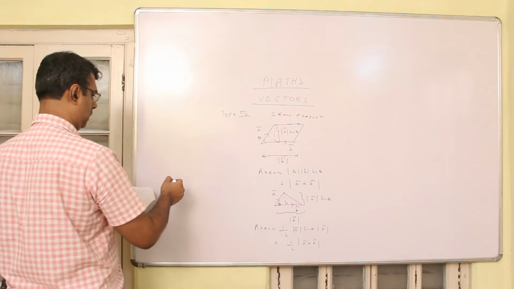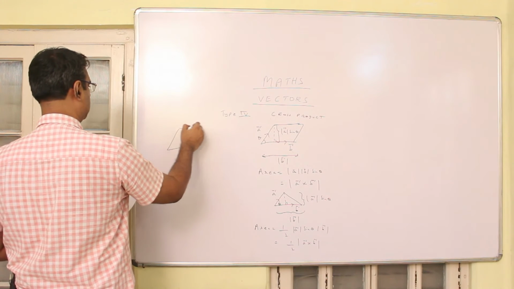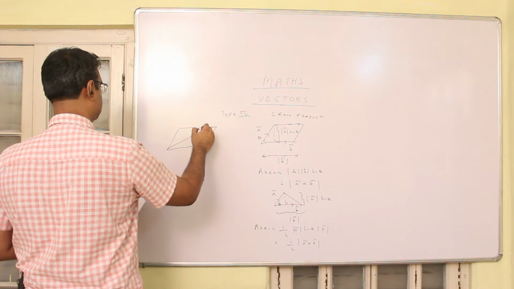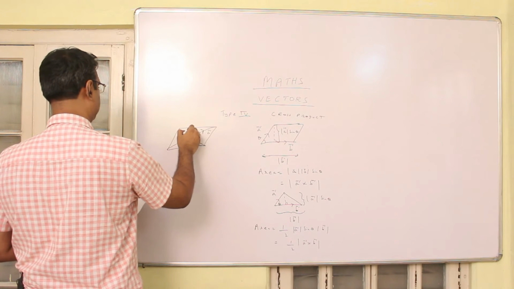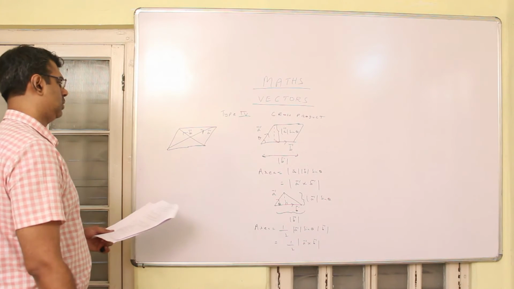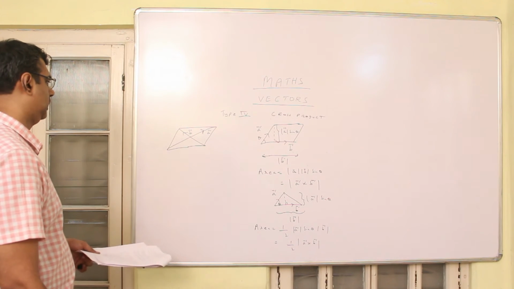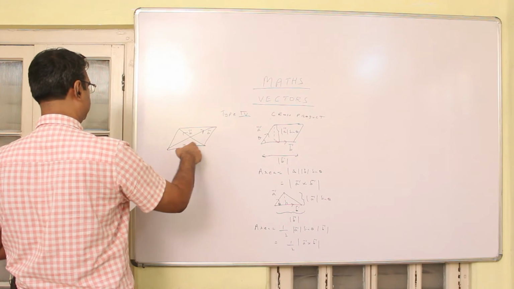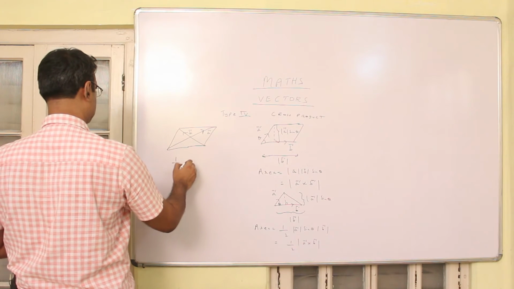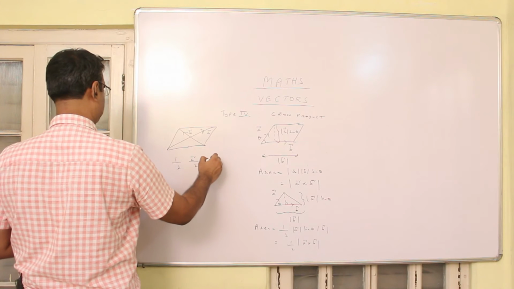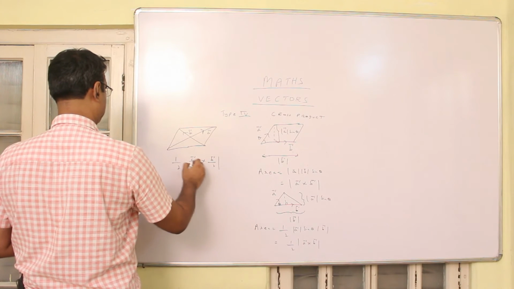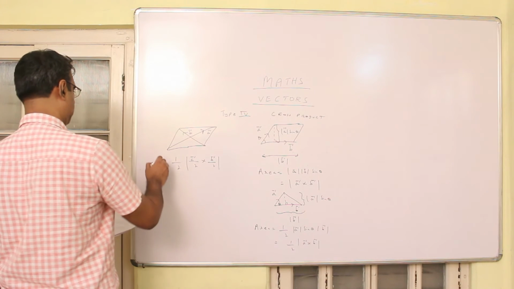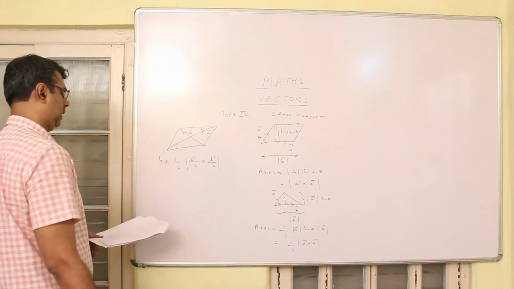Now suppose you have a parallelogram in which the diagonals are vector A and vector B. So you have four triangles of equal area. The area of any one triangle will be half into modulus of half A cross half B. And like I said, you have four such triangles.